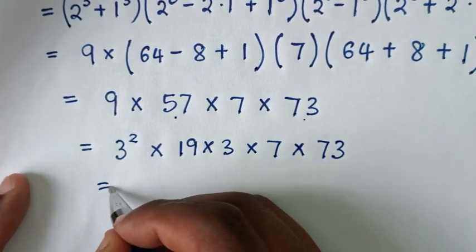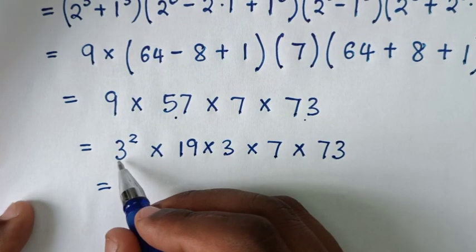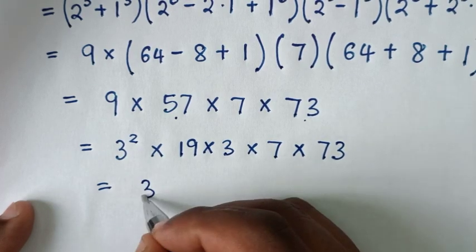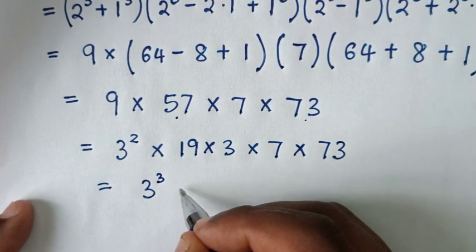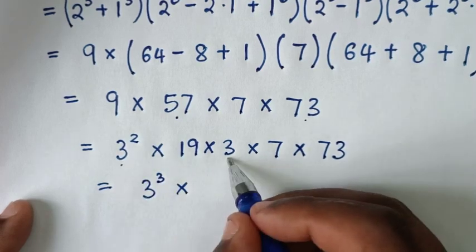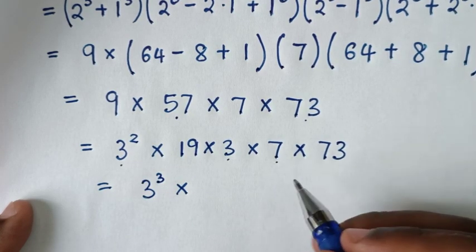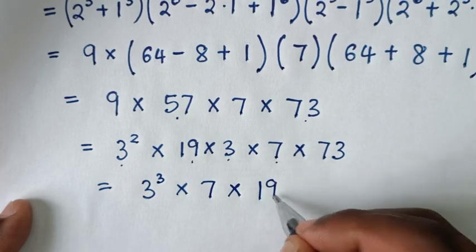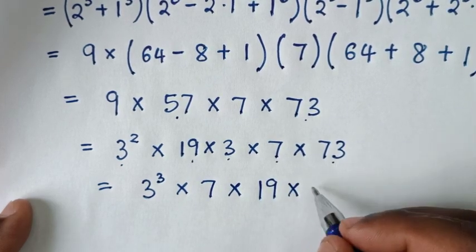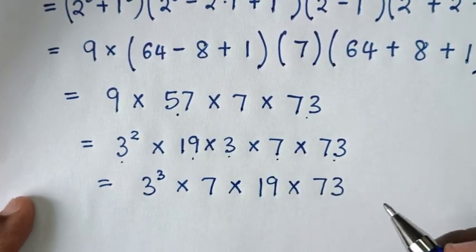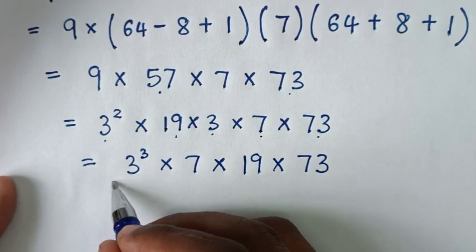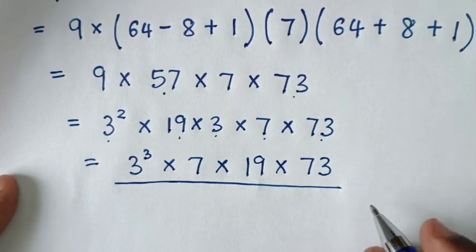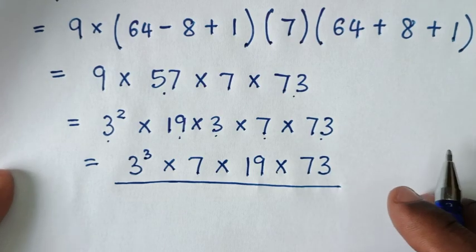Then they have the same base 3, so 3^2 times 3 is 3^3, then times this 7, then times this 19, then times this 73, and these are the prime factors of 2^18 minus 1.